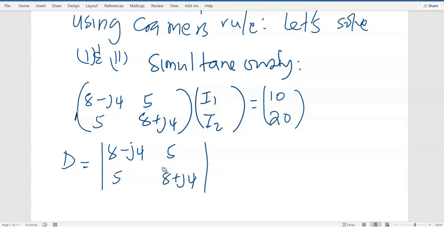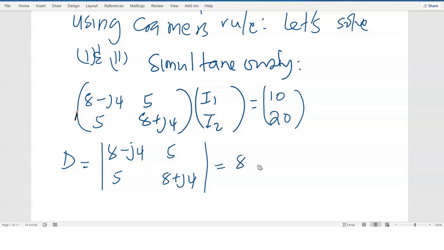If we don't know how to solve simultaneous equations using Cramer's rule, I'm going to share a video whose link I already have. So remember to check in the description for this particular discussion. So this is going to equal, obviously, I'm going to multiply the elements in the major diagonal, then subtract the product of elements in the minor diagonal.